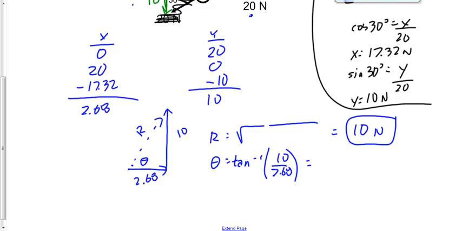What is it? Go ahead, Don. 15 degrees, thank you. We would say 15 degrees north of east in this case, right? It's coming from the east, but that's measured north from the east, so it's 15 degrees north of east, right?